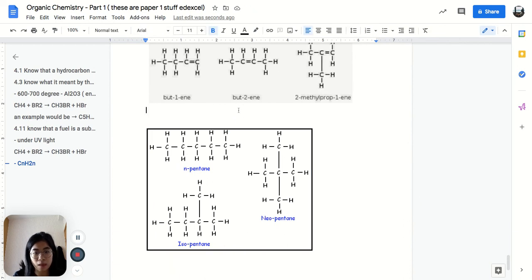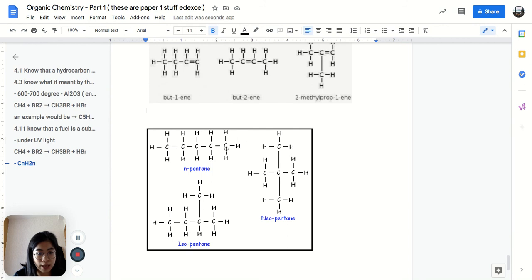Okay, great. So the one that I'm circling, basically isomer just means that they have the same molecular formula, but they have different structural and display formula. And that's pretty easy. You just change something up.